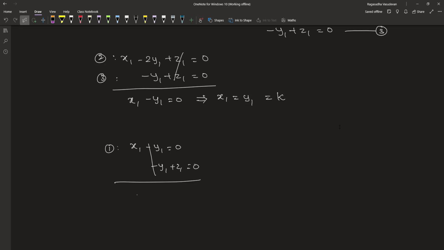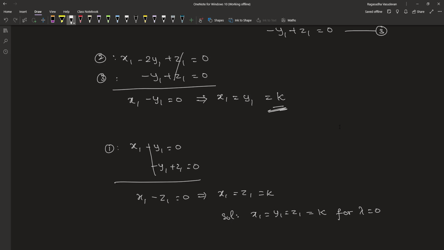So, once we solve them, we get x1 minus z1 is equal to 0. So, this again implies x1 is equal to z1, which is also equal to k. Therefore, the solution for this is x1 is equal to y1 is equal to z1, which is equal to k for the lambda value 0.